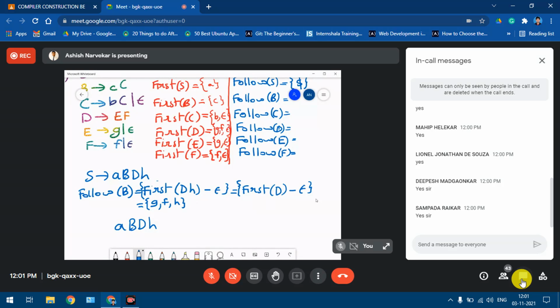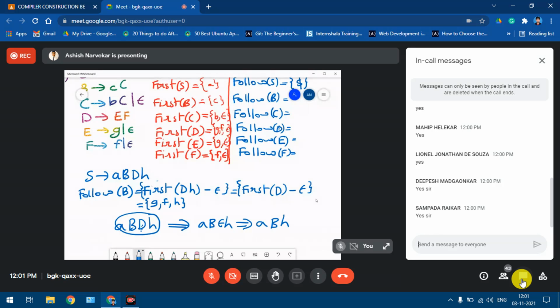So for this entire thing that I have written, if I substitute, it can take the value g, it can take the value f, and it can take the value epsilon. If it takes the value epsilon, this gets transformed into a b epsilon h, which is nothing but a b h, correct?